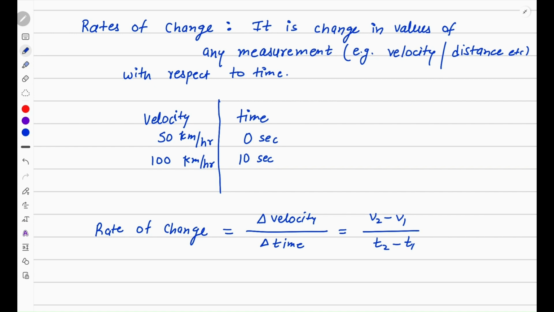Here we can take it in meters per second also to make the units the same. In mathematics or physics, we have to take care of the units very well.